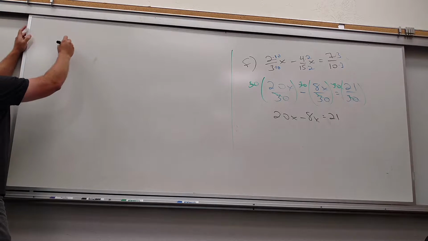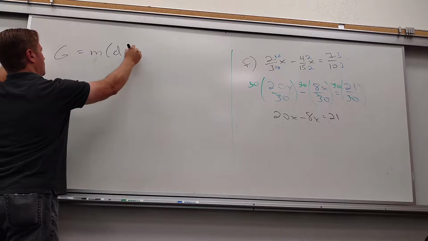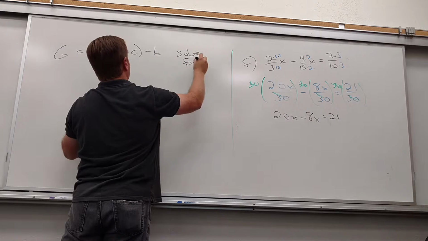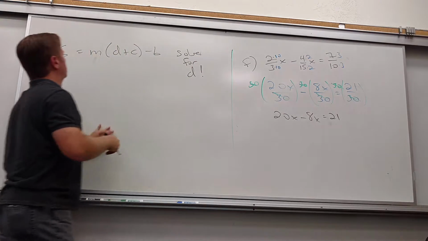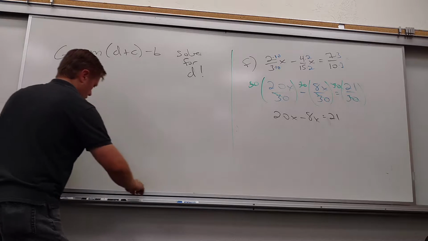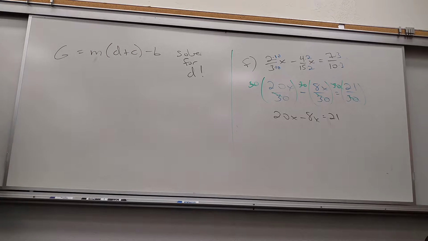So if I had this, what have you got? This could be some equation in economics, like the guaranteed rate of return and the months and the whatever. Who knows what that is? It's actually just something made up. But how do I start to solve this for D?